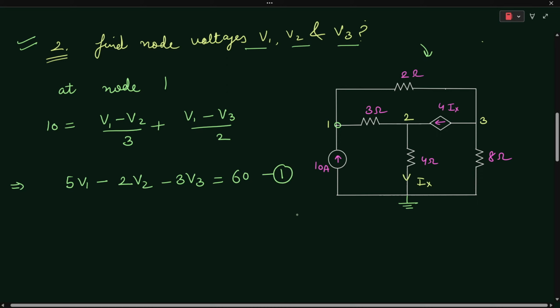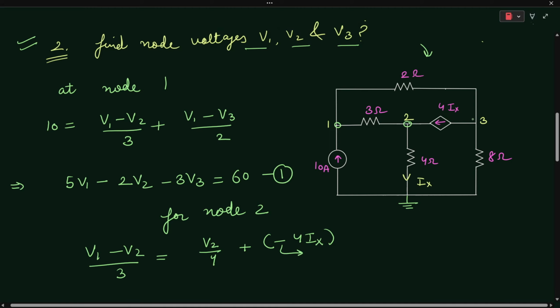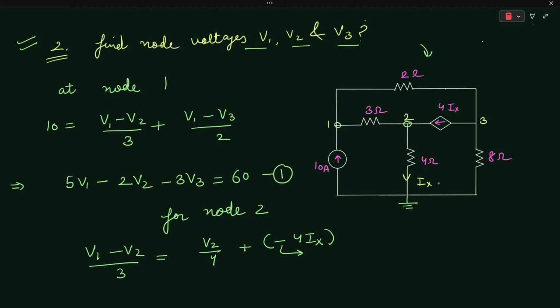Similarly, for node 2, we can apply nodal analysis: (V1 - V2)/3 is equal to Ix, which is equal to V2/4 plus (-4Ix). Here, this negative sign indicates that the 4Ix current source has an opposite polarity. Also, from the diagram, Ix will be equal to V2/4.